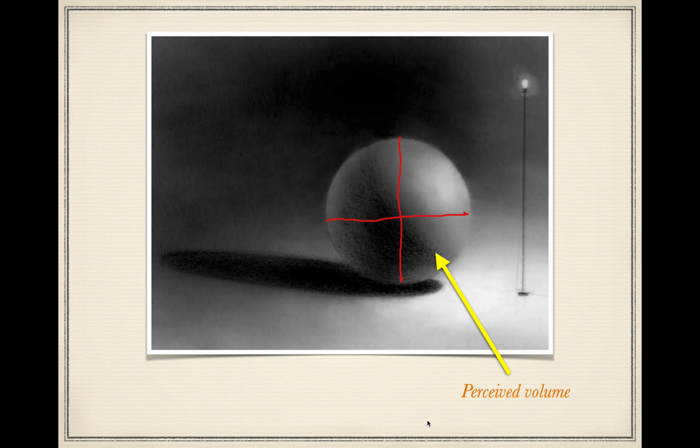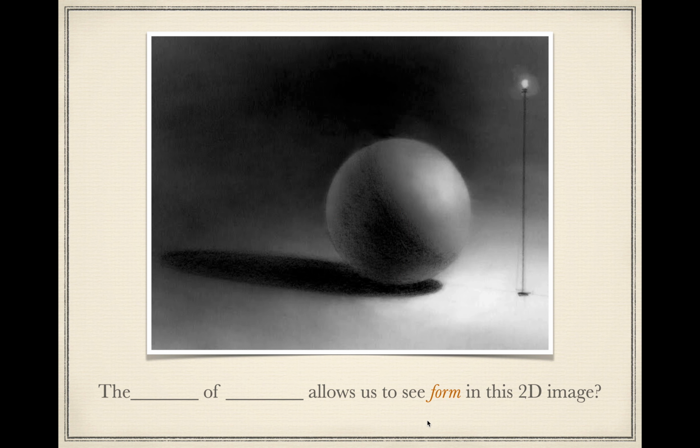So two-dimensional form has width and height, but the depth is only an illusion. And that is why we call it perceived volume as opposed to actual or physical volume. So the contrast of value allows us to see form in this 2D image.